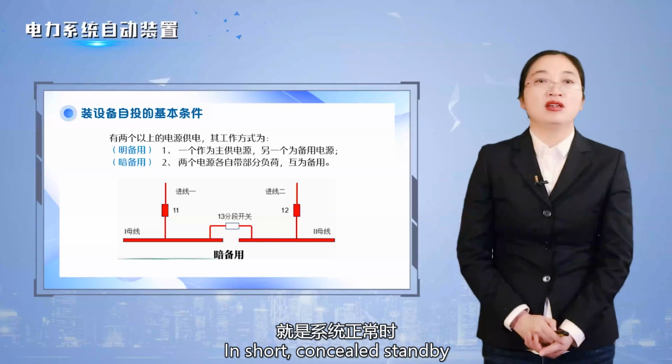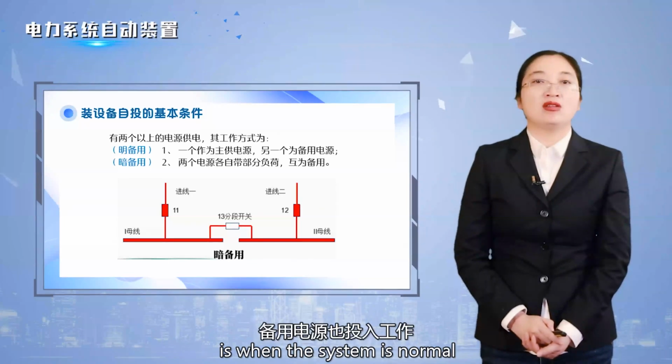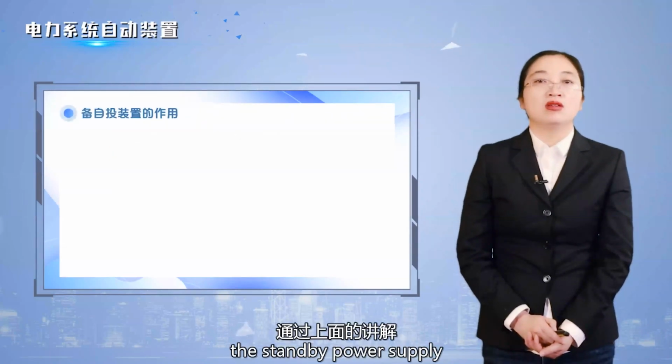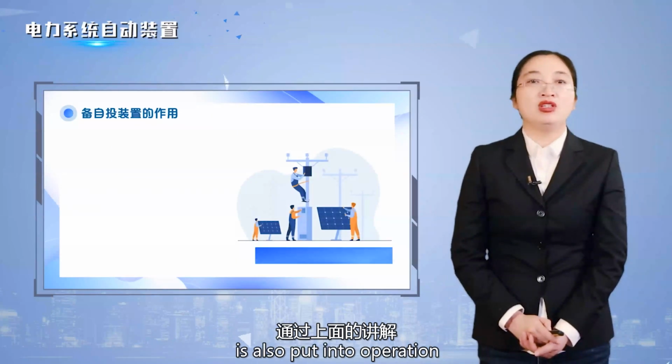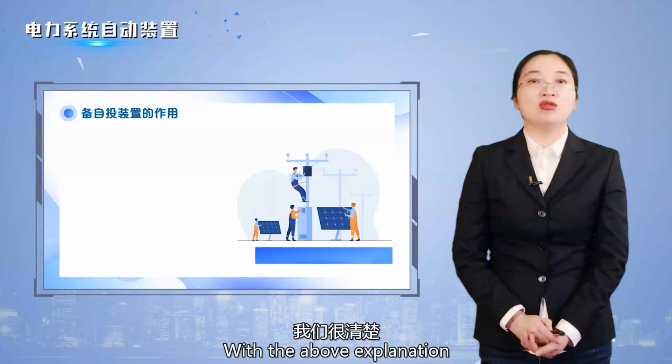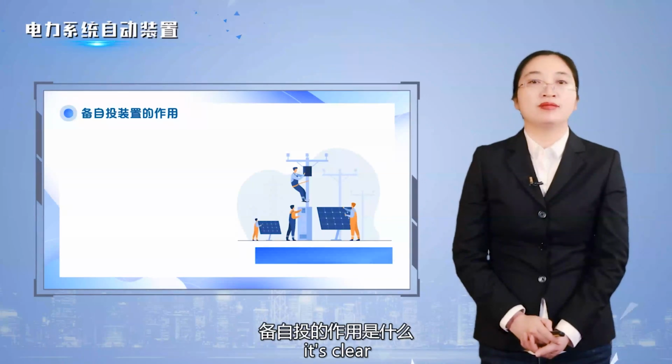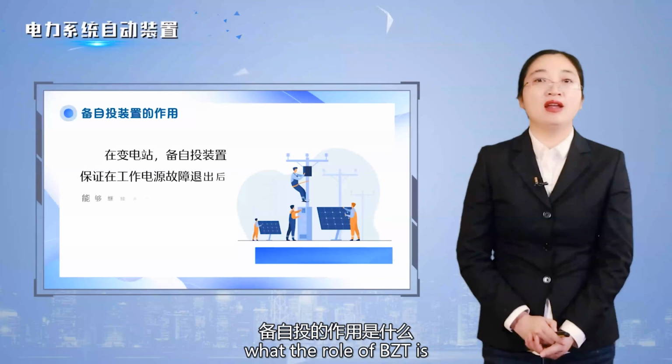In short, concealed standby is when the system is normal, the standby power supply is also put into operation. With the above explanation, it's clear what the role of BZT is.